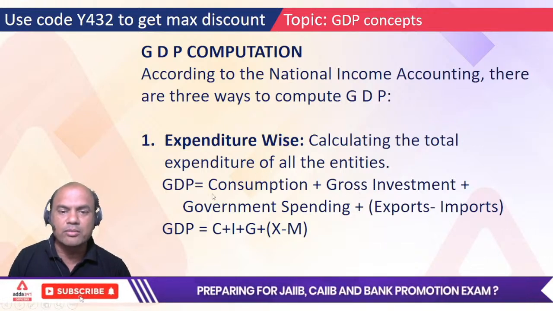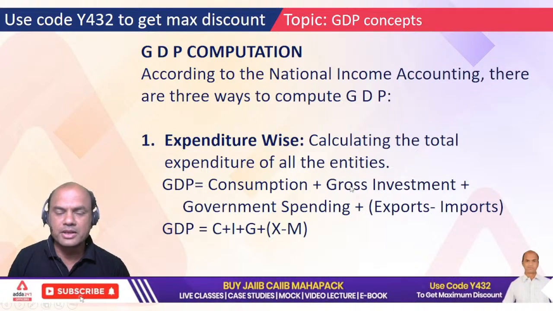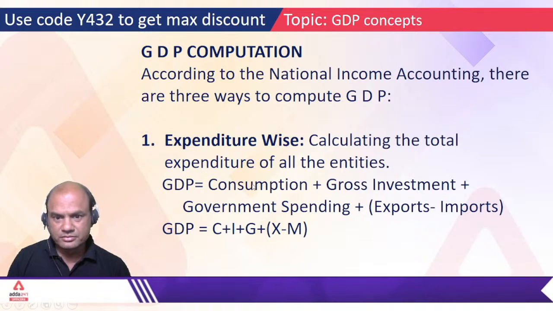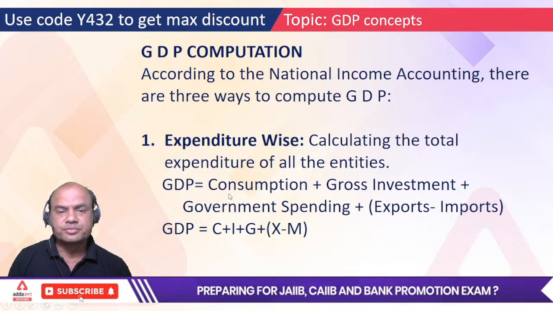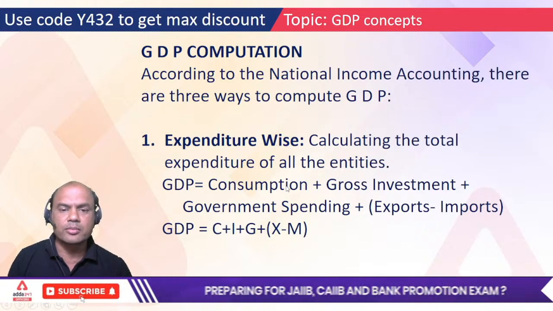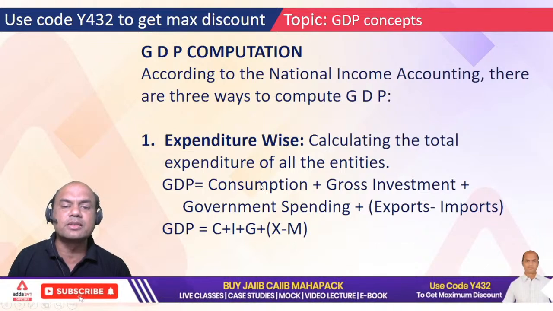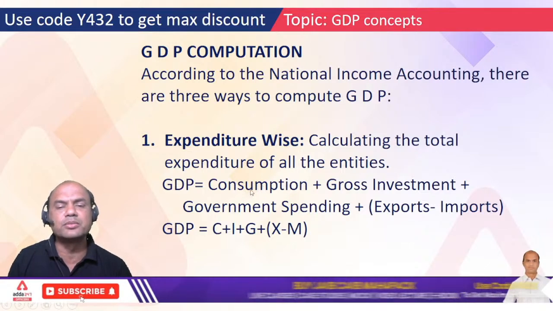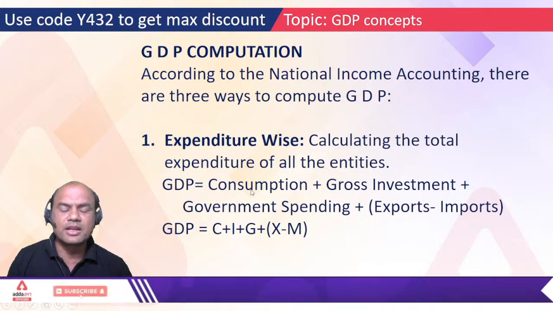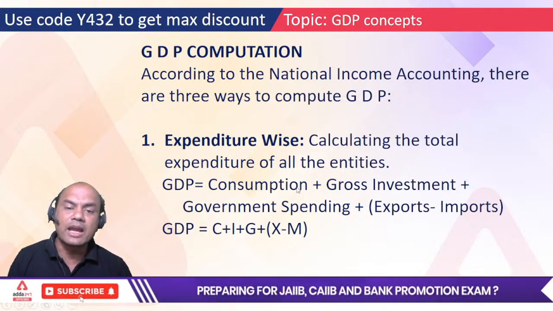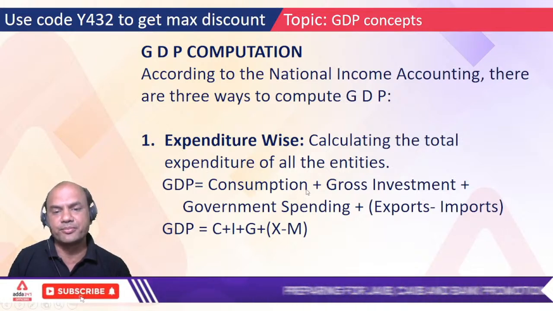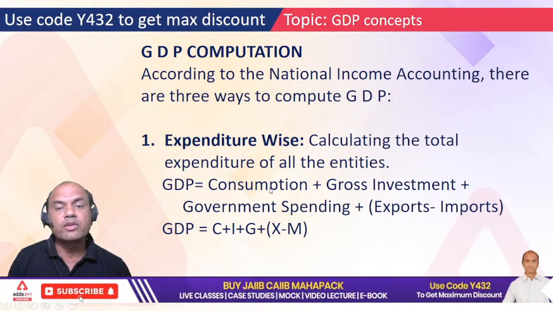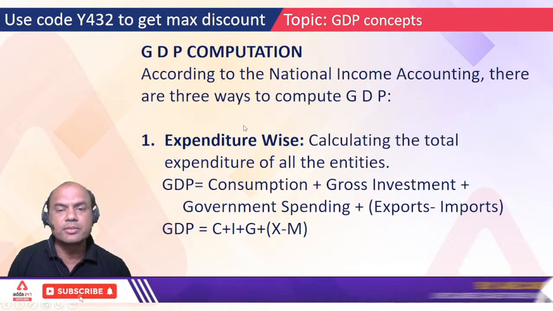Don't try to mug up. CAIIB is not about mugging up, it's about understanding. In consumption, you and me as normal human beings consume things, like toothpaste, our daily needs. All that is computed under GDP, expenditure wise.